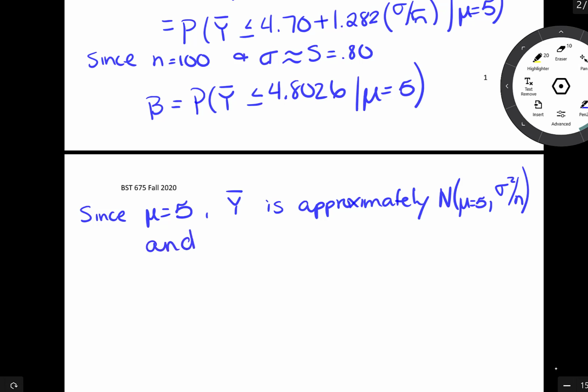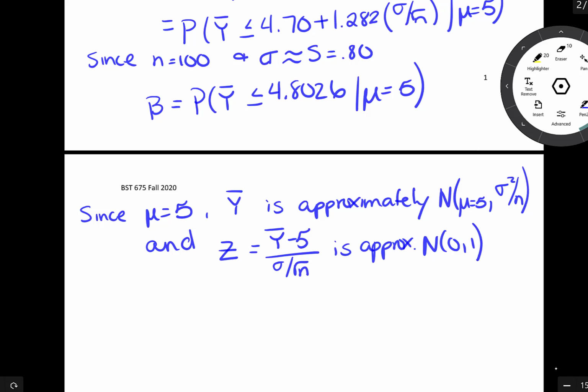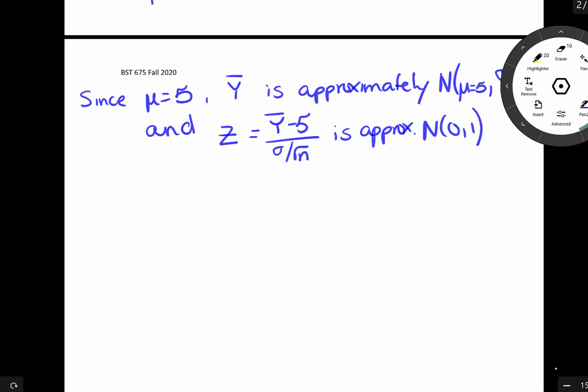Further, we also know that z, which is equal to y bar minus 5 divided by sigma divided by the square root of n, is going to be approximately standard normal distributed. We can use this information to then help us find beta.